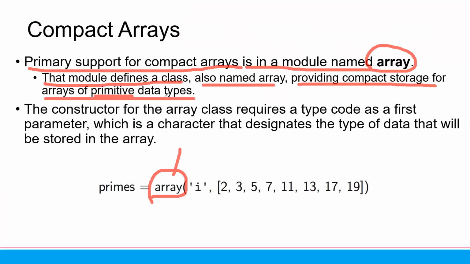The primitive data types, we know the primitive data types, there are 3. What are they? There are 3. The first is integer. Second is float.